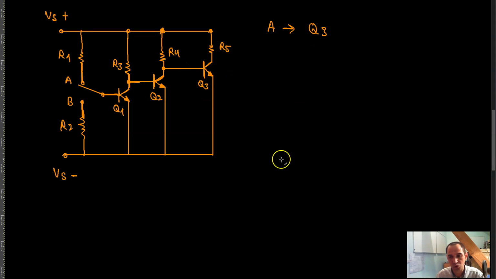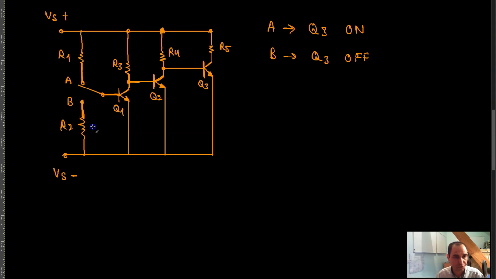That's your goal when you design this circuit in such a way that when this switch is set to position A, Q3 is turned on, and when you set it to position B, Q3 would be off.